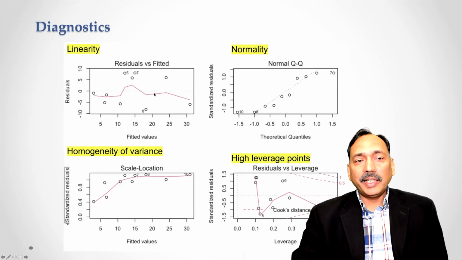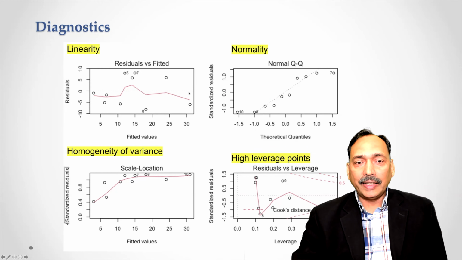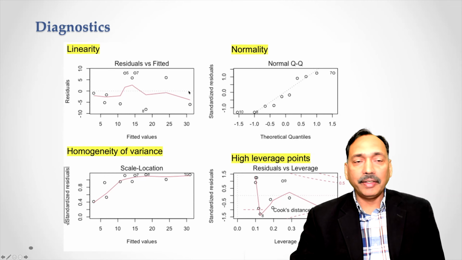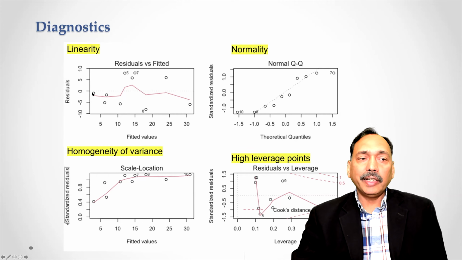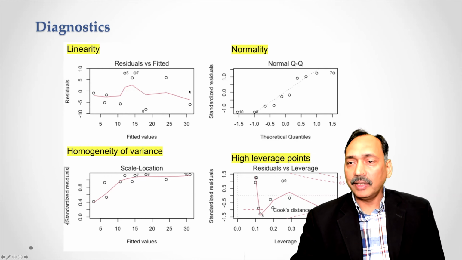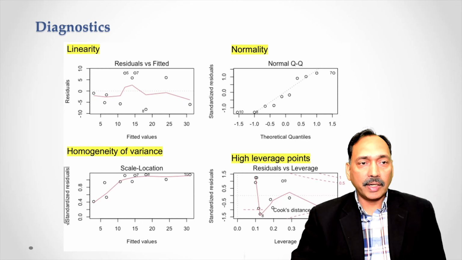It is not possible actually with real data to get a perfect line exactly on this dotted line. It will never happen with any real data set. So some fluctuation above and below are bound to happen. But if more or less the pattern is close to the dotted line, that means we are okay as far as linearity is concerned.